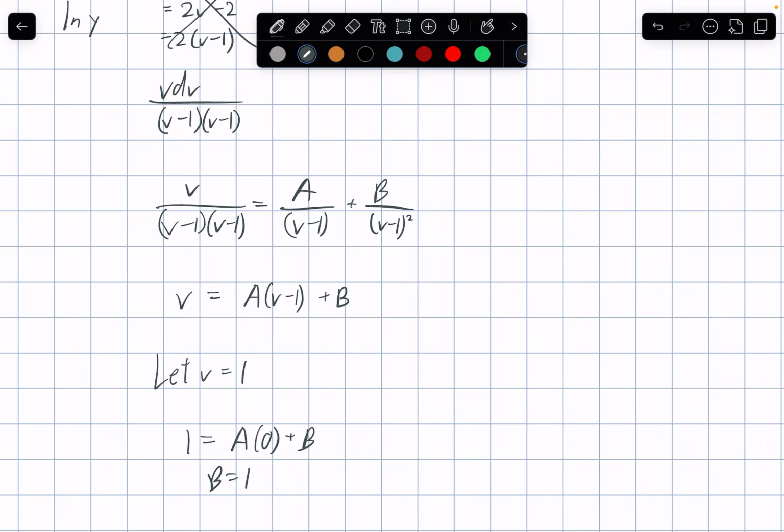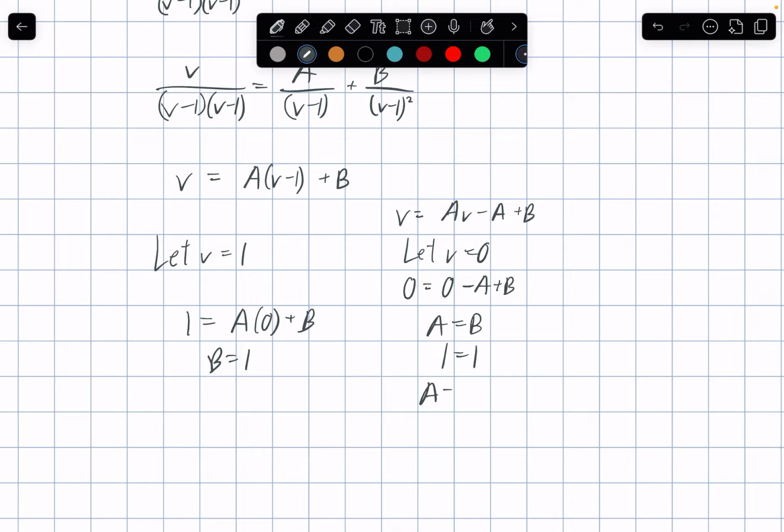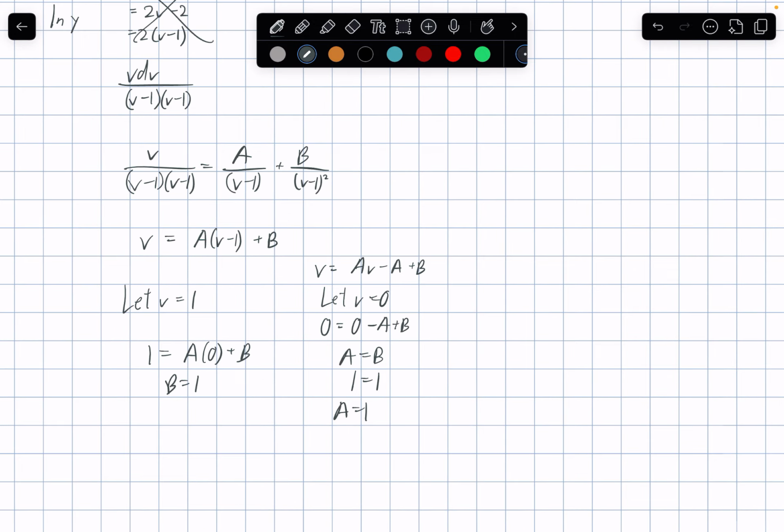What if, let's further simplify, AV minus A plus B. Let V equal to 0. 0 is equal to 0 minus A plus B. A equal to B. So we established a connection. A is equal to 1.